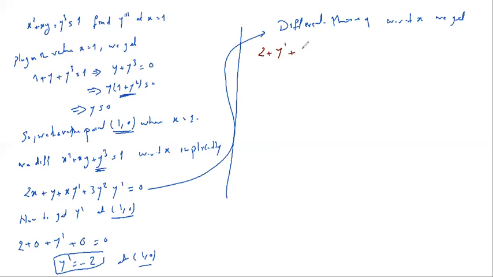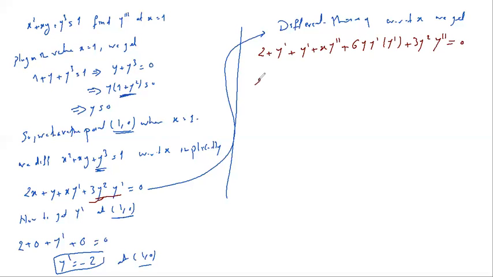Derivative of the first is 1 times the second, plus x times the derivative of the second, which means y double prime, plus the derivative of 3y squared y prime. Derivative of the first, 3y squared, is 6y y prime times the second, plus the first, 3y squared, times the derivative of the second, y double prime, is equal to 0.